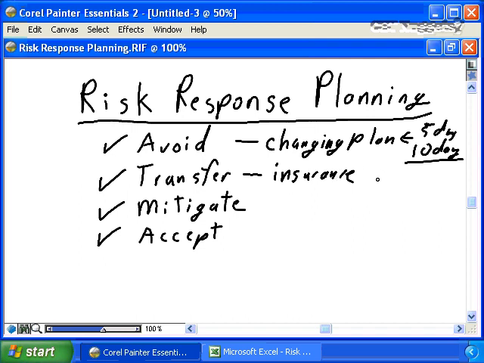Another form of transference is to contract out. As part of doing your project plan, you determine there is a risk that your project team will not have the skills to complete a certain subsection of the project. We have a very technical interface that must be created.